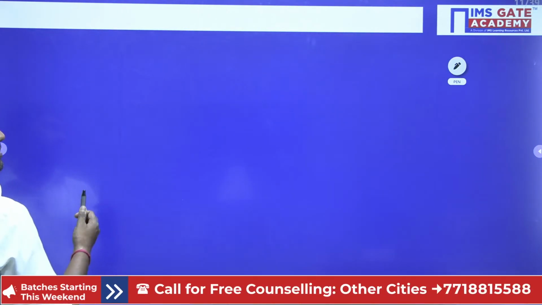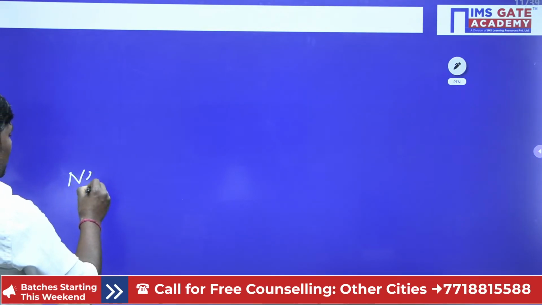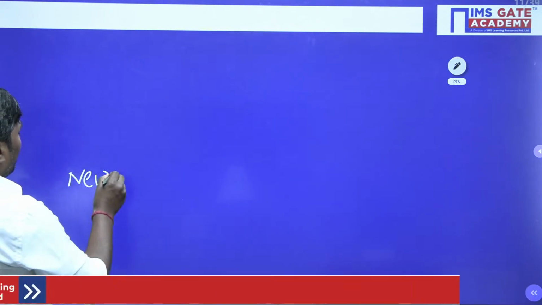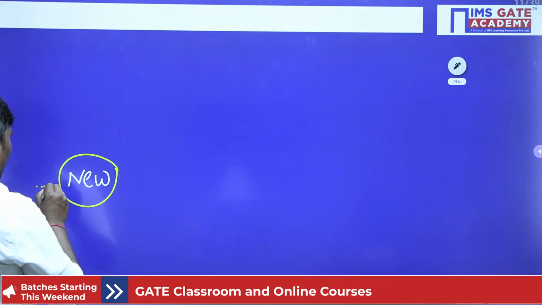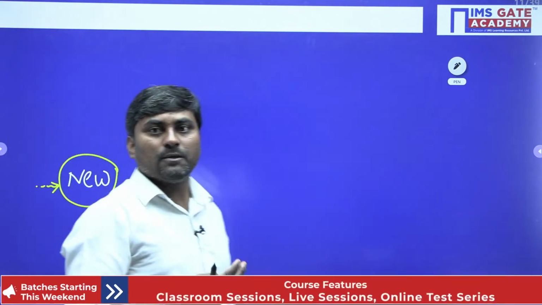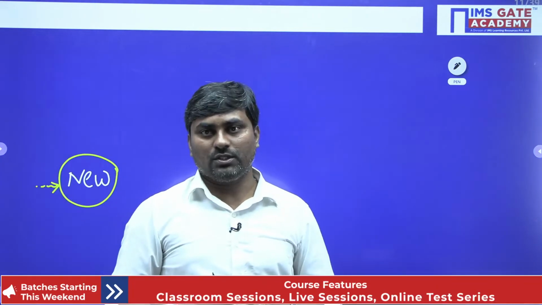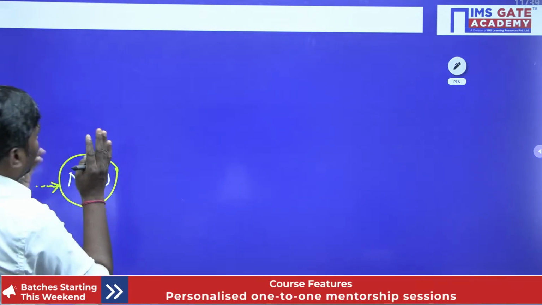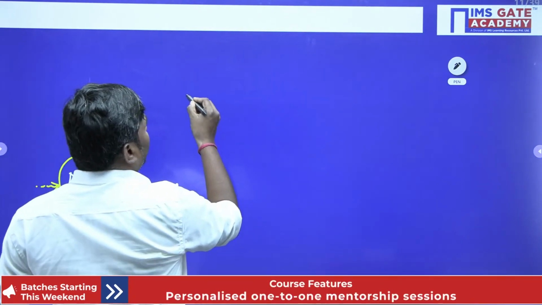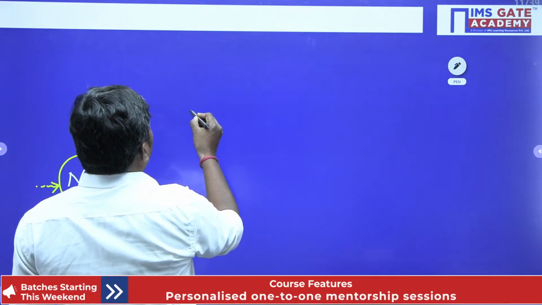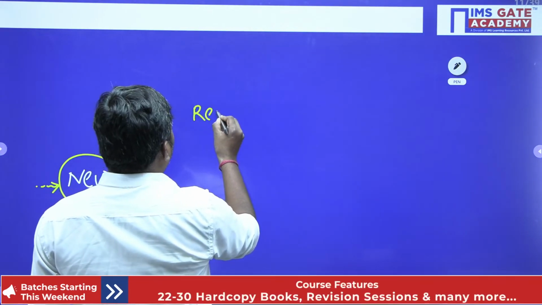The first state is the new state. What is the purpose of the new state? It is where a process gets created. We are converting a program into a process, allocating various resources. When the creation is over, the process moves into another state called the ready state.